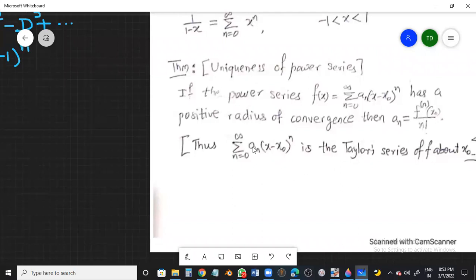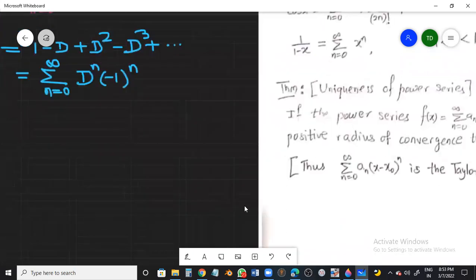What this means is the power series is nothing but the Taylor series. So they are coinciding. The power series of f of x is the same as the Taylor series of f, but only if f has a positive radius of convergence.